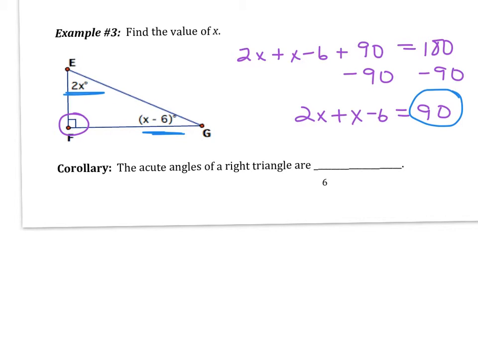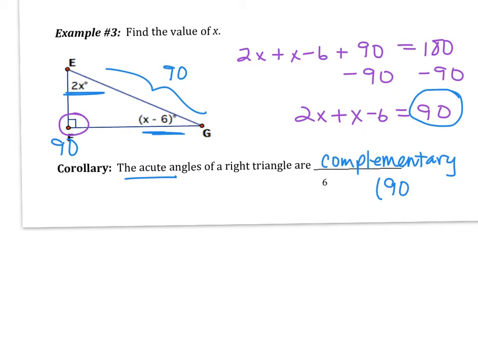The two acute angles of a right triangle will always add up to 90 degrees because 90 plus 90 will add up to 180. Okay? So our corollary: the acute angles of a right triangle are complementary. Reminder, that means they add up to be 90 degrees.